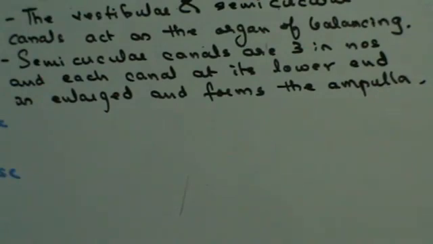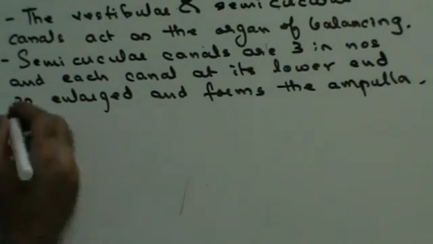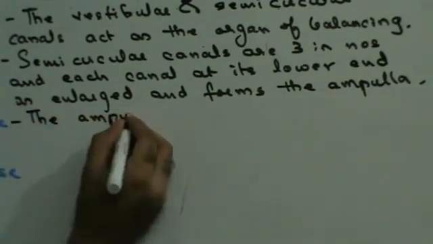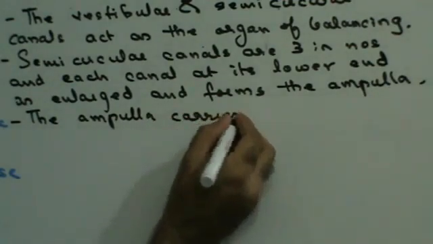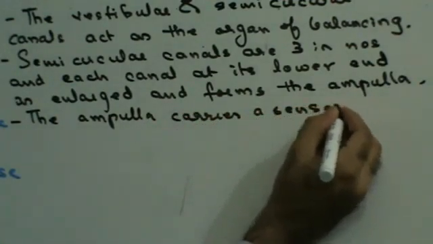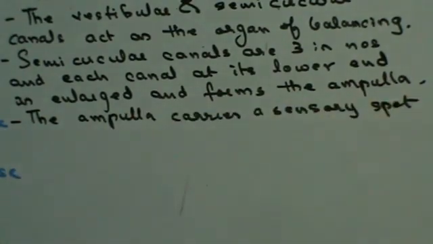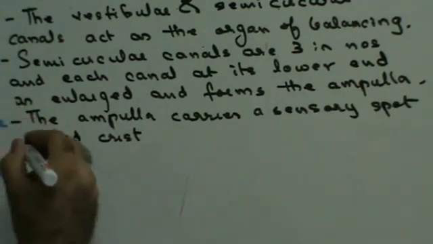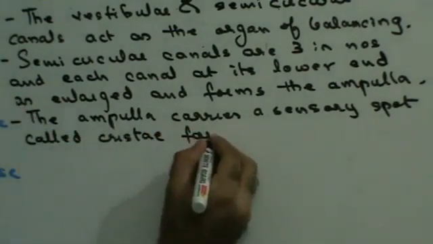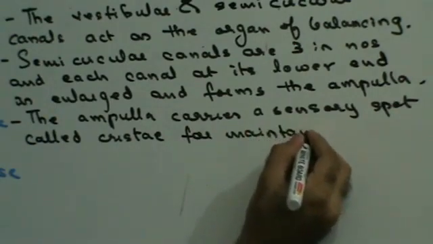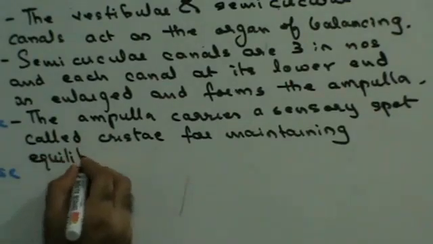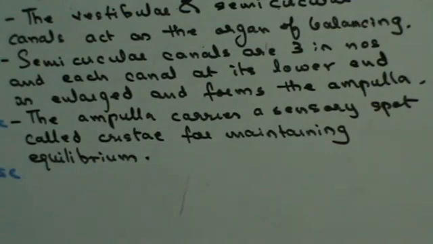The ampulla carries a sensory spot called the cristae for maintaining equilibrium. Fine, do we get this?